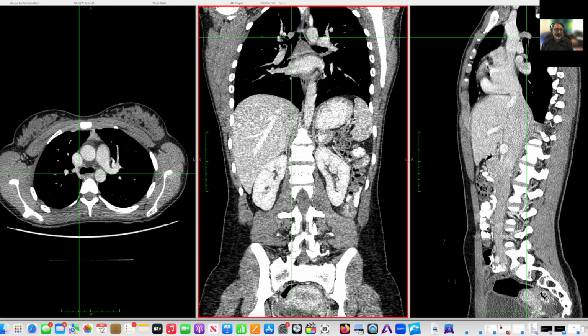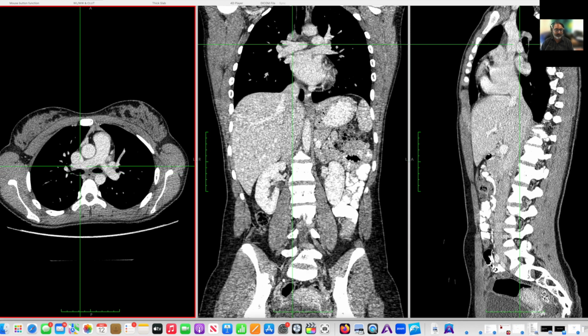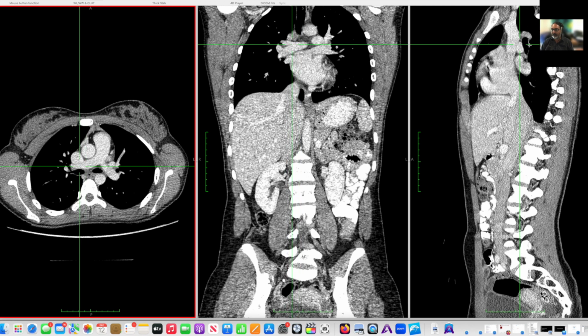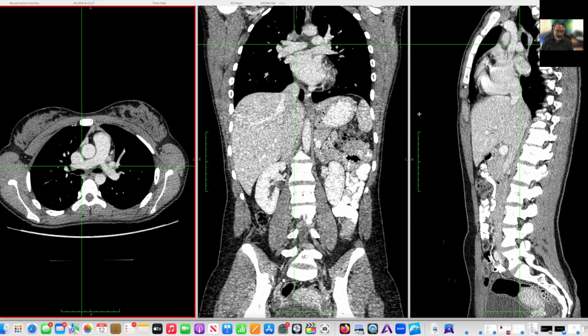If I click on the right pulmonary, then that down there is the pulmonary artery. So here you can clearly see the azygos vein, right primary bronchus, and the pulmonary artery, with the azygos covering over it. So that's really cool. Okay, so that's done with the azygos.